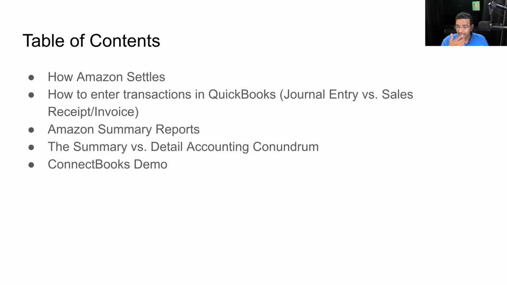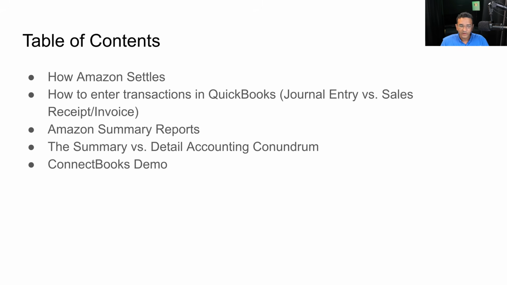Now, when you go book it in QuickBooks, whether you use QuickBooks Online or QuickBooks Desktop, we're going to use QuickBooks Online for context. That's the only application that we're going to use as an example. But it should be the exact same process and the exact same decisions that you need to make, whether you go with one or the other. Now, I will venture to say that if you're working with QuickBooks Desktop, especially QuickBooks Enterprise, you are probably a lot more inventory inclined than if you're using QuickBooks Online.